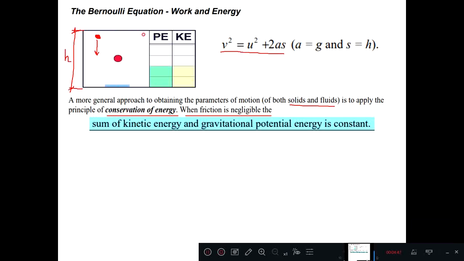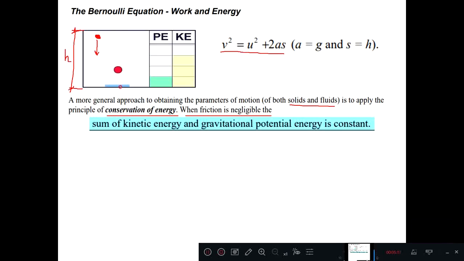Just look at this picture here. A ball is falling from a certain height down. So what is happening? One form of energy is increasing and the other form of energy is decreasing, but when you take the sum together, the sum of kinetic energy and gravitational potential energy is constant, meaning energy is not changing at all, it is just transforming from one form to another. So we can say it is conservation of energy.